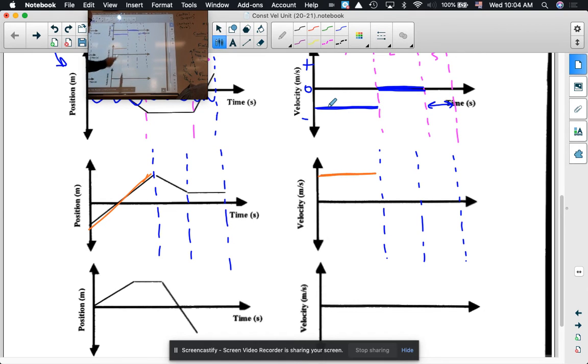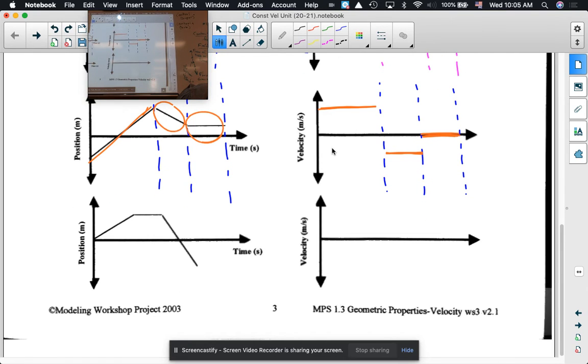How about this section? That looks like negative and constant, maybe a little bit slower than the other ones, hard to tell. Negative and constant. What's this? How much slope is that? Zero, on the t-axis. Hope that makes sense.